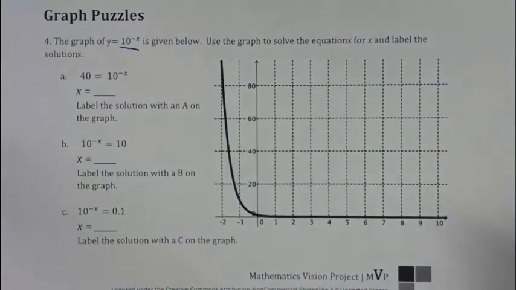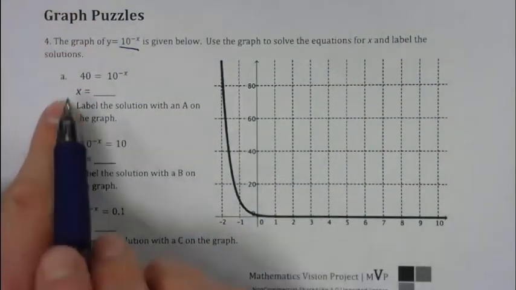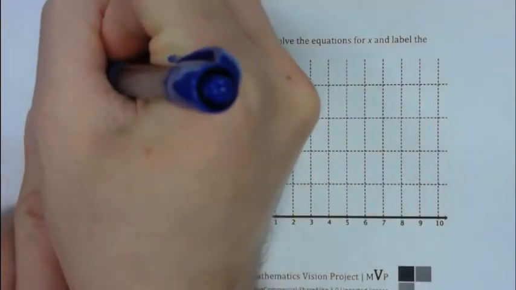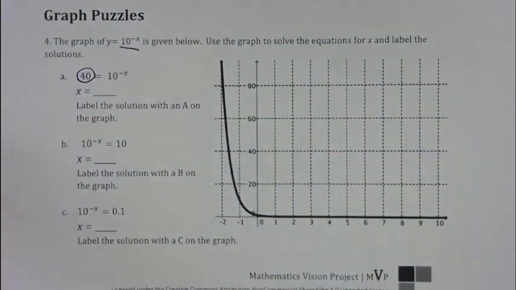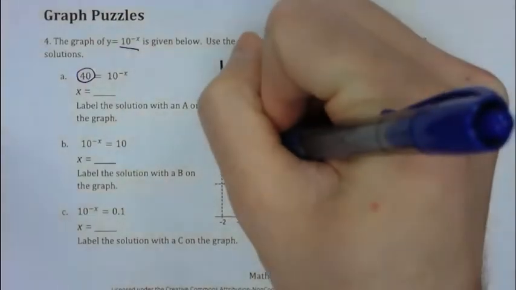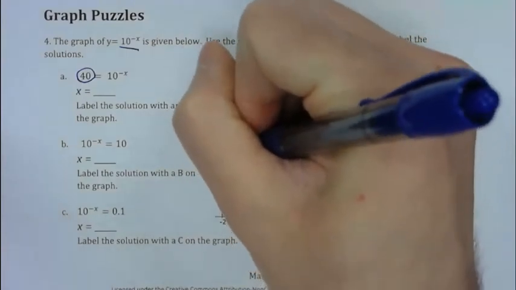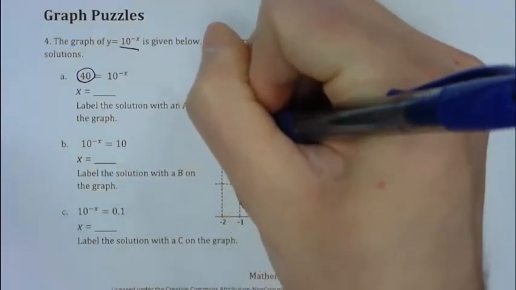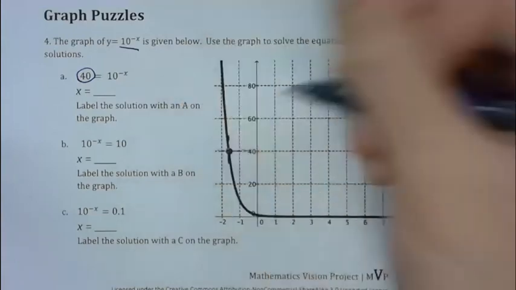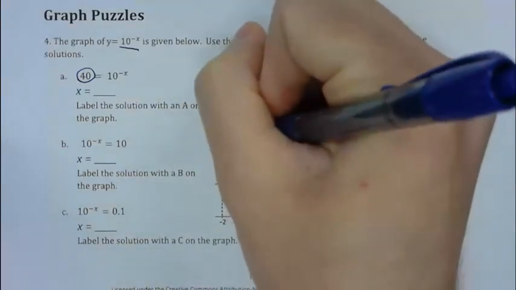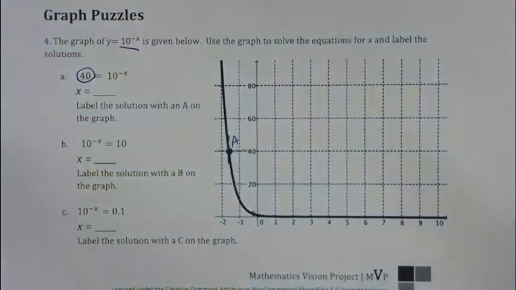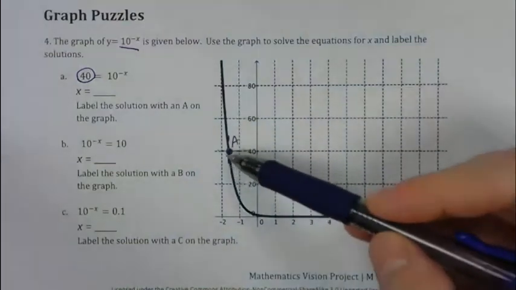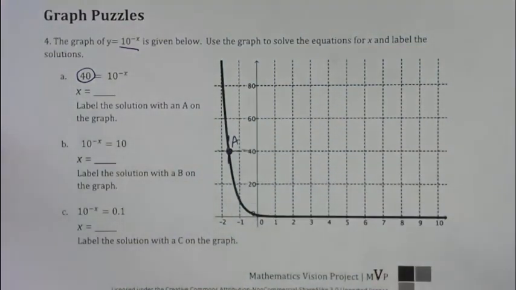So the x value you're looking for would hit this y value, the 40 right here. So when y is 40, that is about right here. And that is A. So at 40, that looks like it's about 1.8 or so.